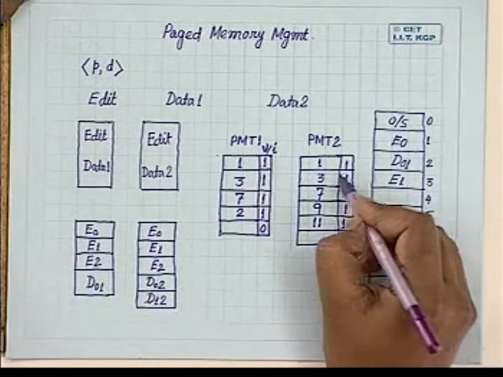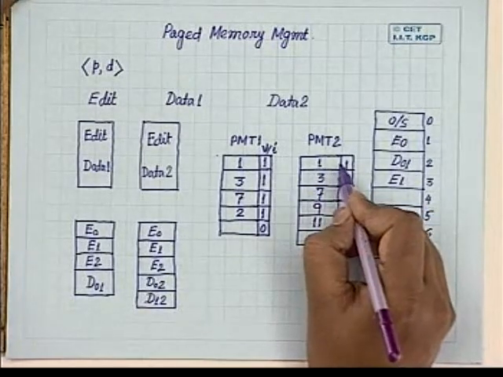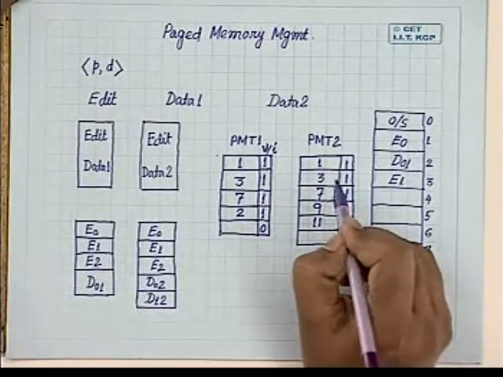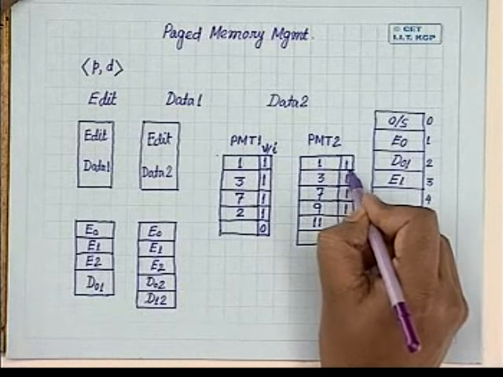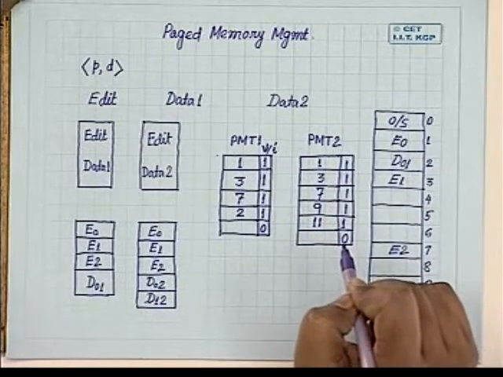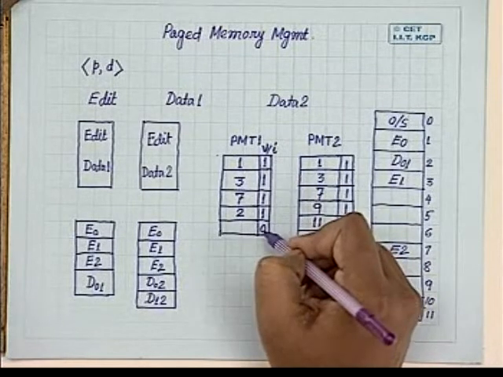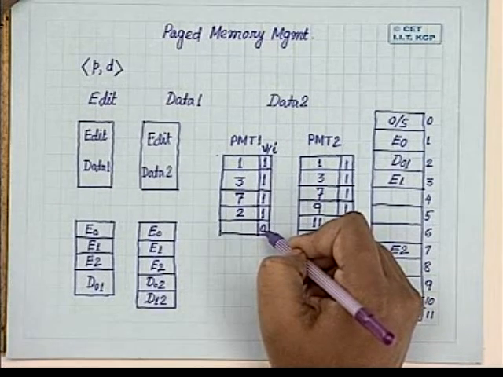Okay. So assume that any entry in the page map table which contains a valid frame number, or entry corresponding to a valid page number, the corresponding valid invalid bit should be set to 1. The entries which are not valid, the valid invalid bit in those entries should contain a value 0.